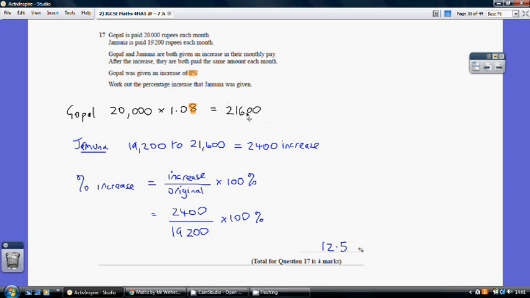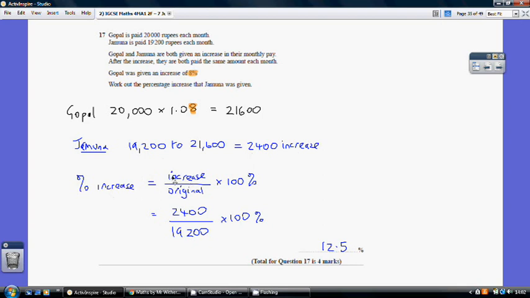Now we're told they both end up getting the same amount, so they're both going to end up getting 21,600. So Jamuna was getting 19,200 before, will now be getting 21,600. Take one away from the other, that's a 2,400 rupee increase. Now, how do we work out a percentage increase?